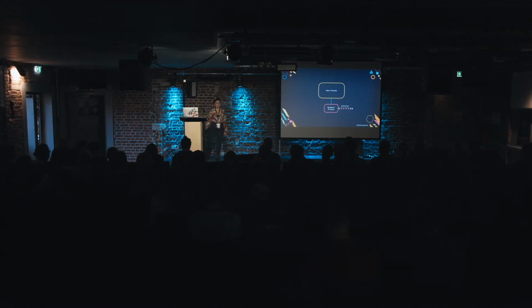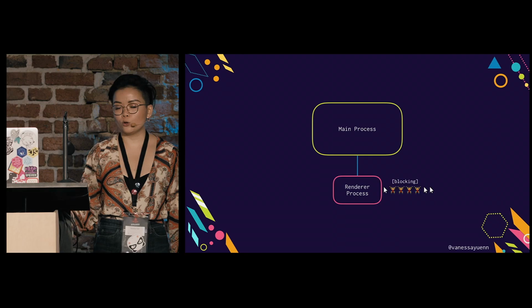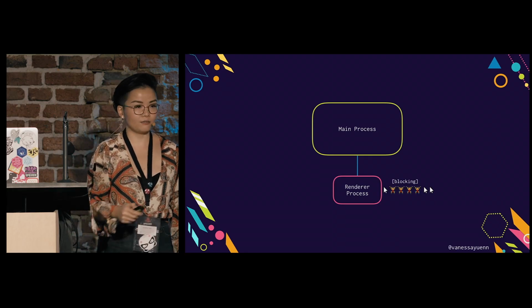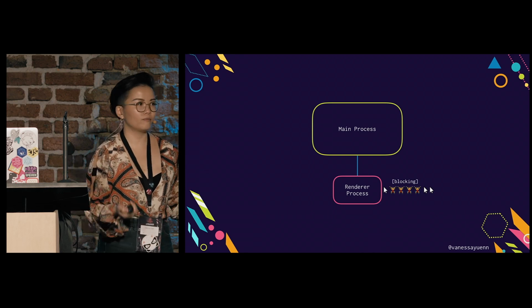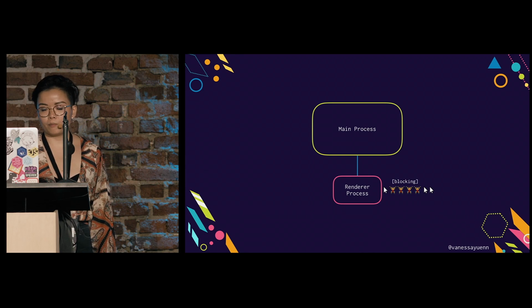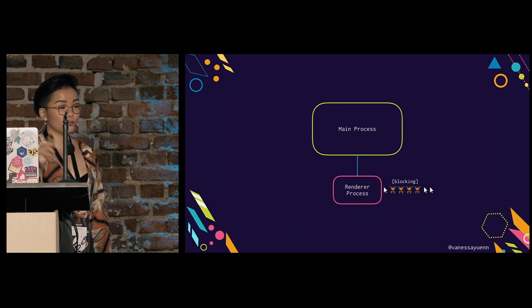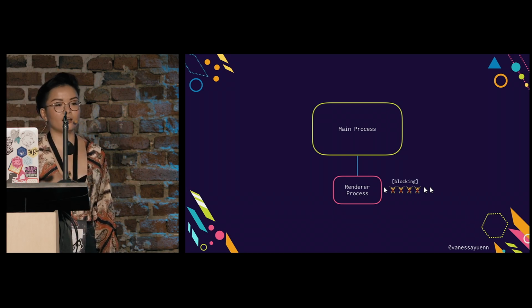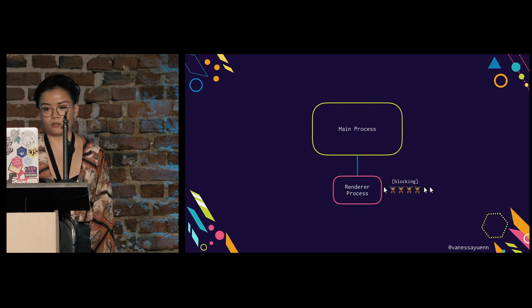Because JavaScript is single-threaded, meaning that if you run any intensive task, like if you convert a video or something, it will block the entire UI thread, meaning that users will not be able to scroll or click or have any kind of interactions with the UI.